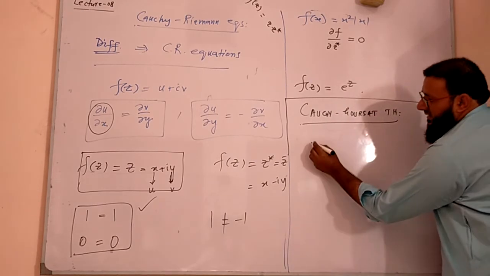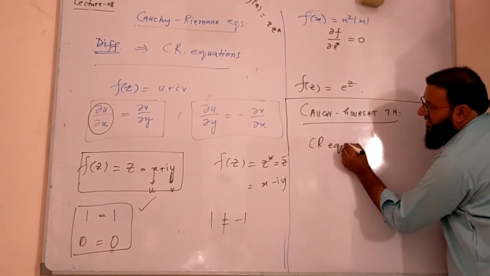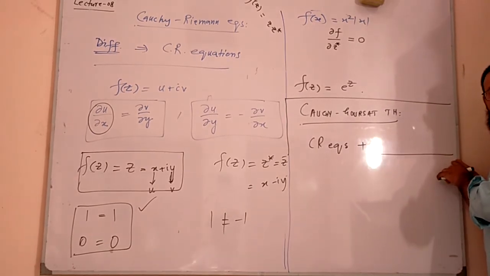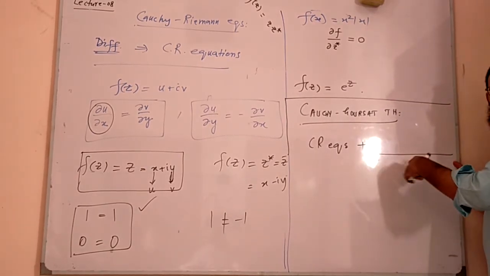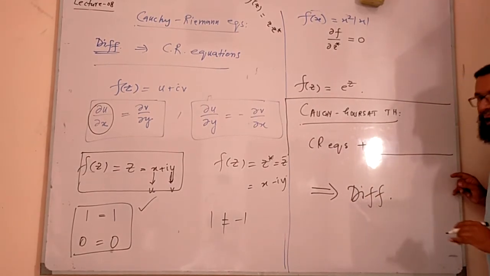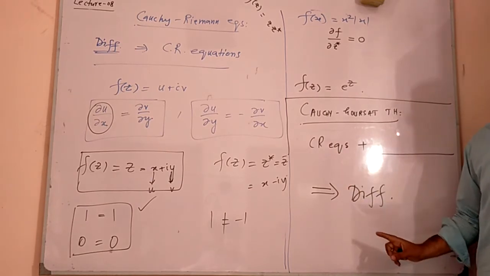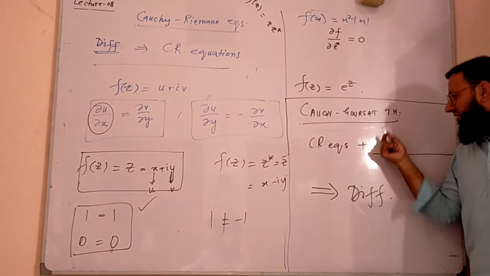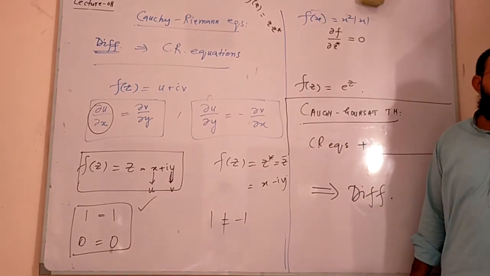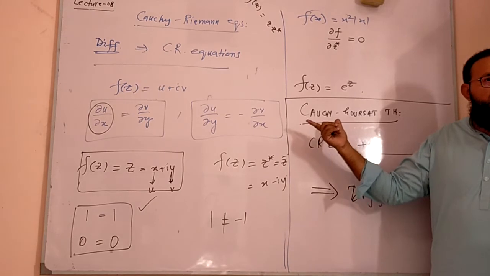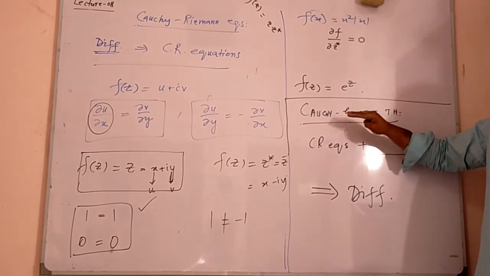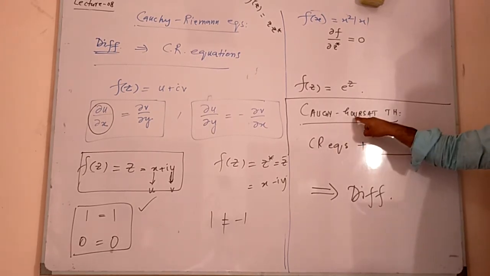But if CR equations are satisfied plus some additional condition, then it implies differentiability. CR equations do not imply differentiability, but if you include another extra condition with CR equations, then it guarantees differentiability. This is sometimes called the Goursat condition or Cauchy-Goursat theorem. I don't know exactly the name, but sometimes in some books it is mentioned like this.